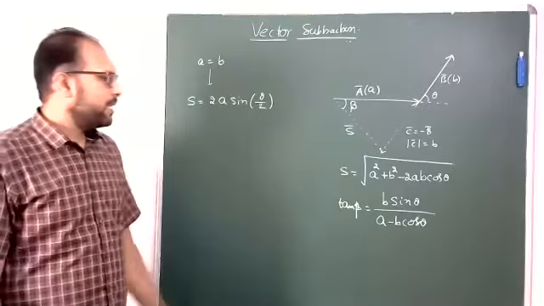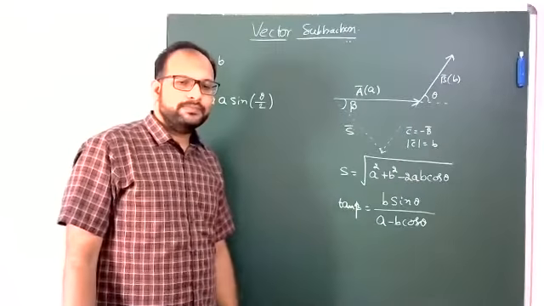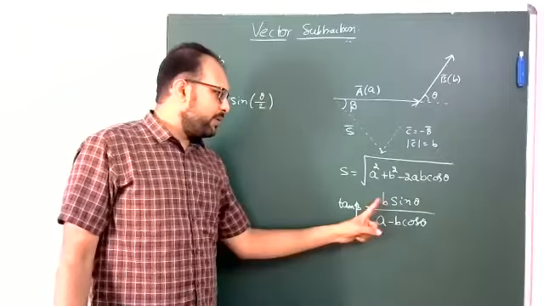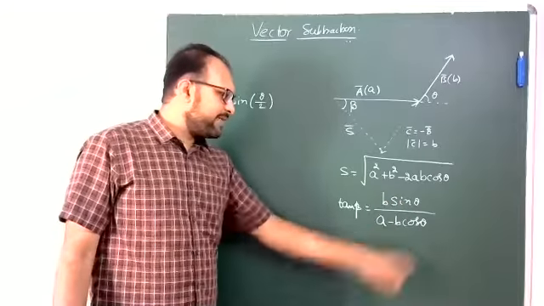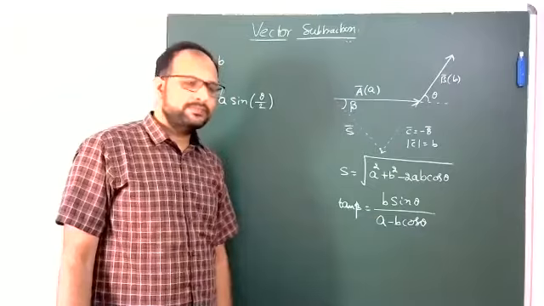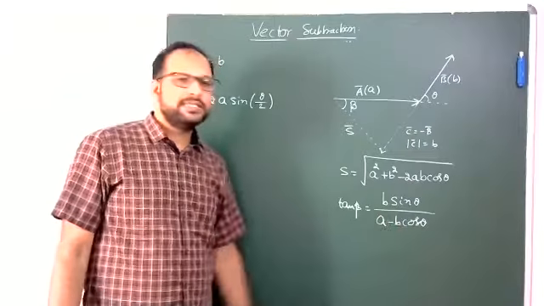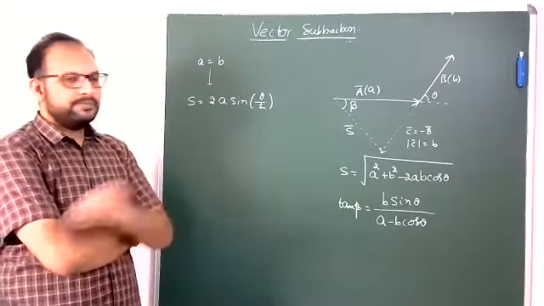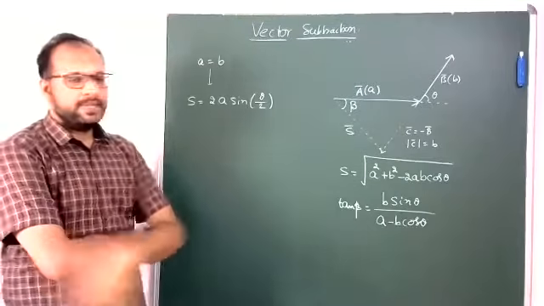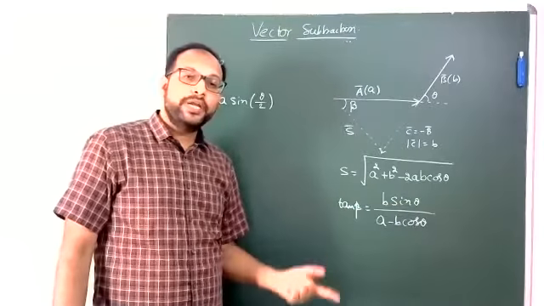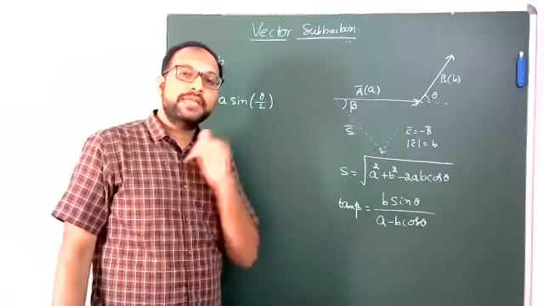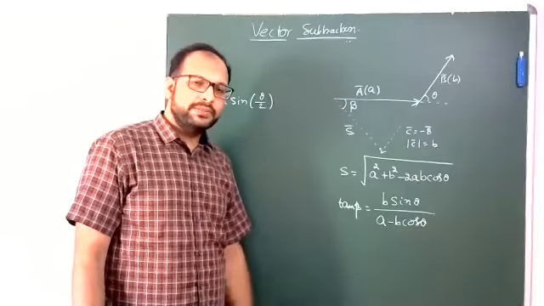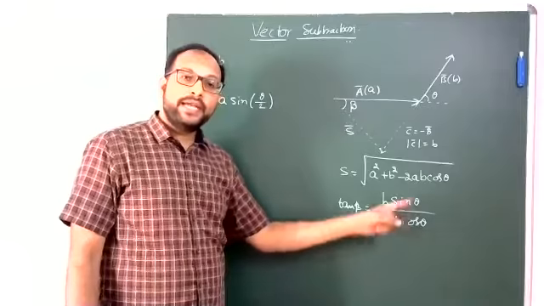Now coming to beta also. Yes, students, A equals B. This is now A sin theta over A minus A cos theta, A cancels out: sin theta divided by 1 minus cos theta. If you take A equal to B, then sin theta you can write as 2 sin theta by 2 cos theta by 2, and 1 minus cos theta as 2 sin square theta by 2.